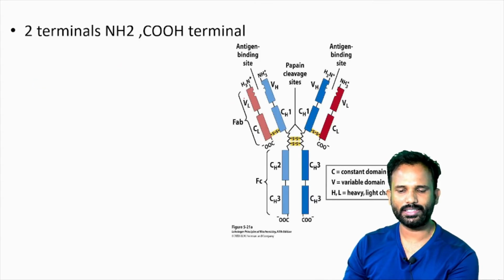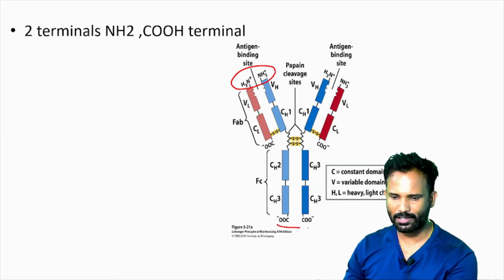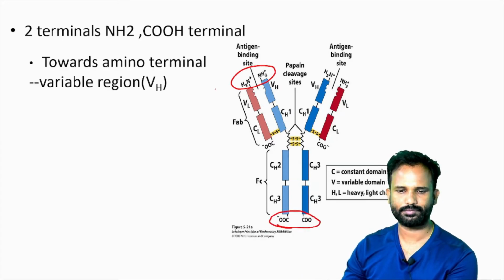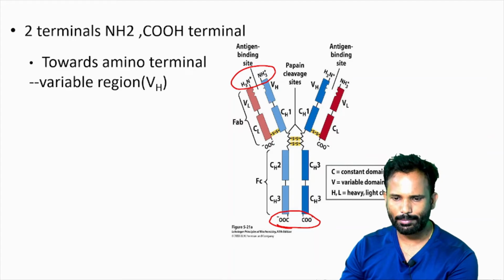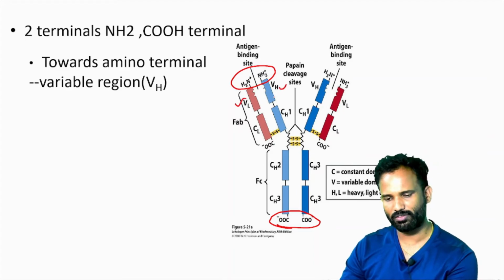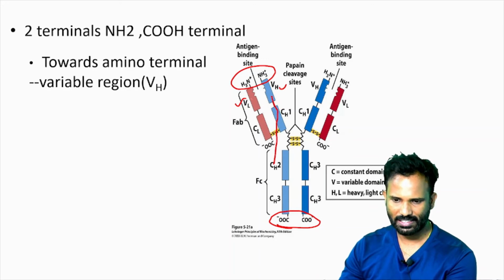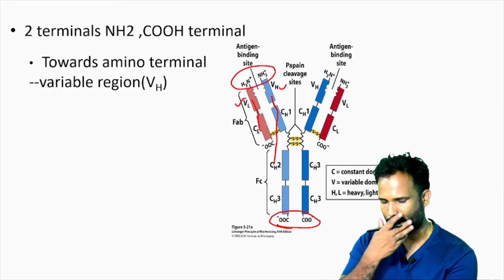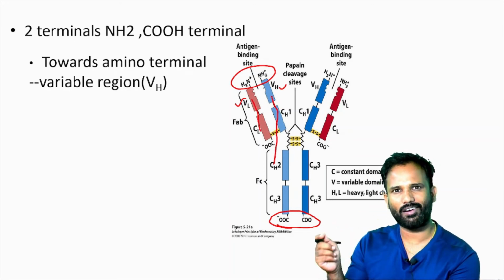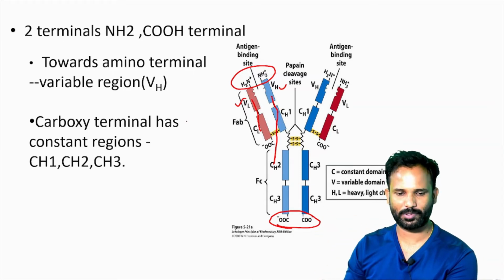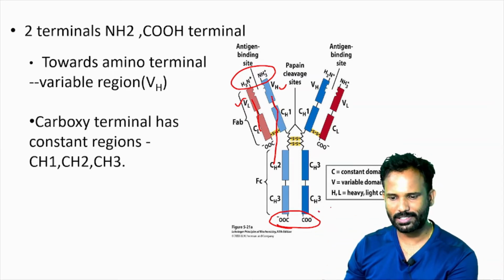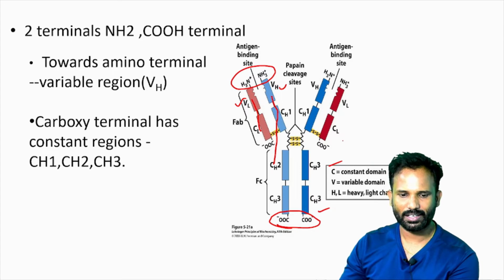And each immunoglobulin will be having an amino terminal and a carboxy terminal. And towards the amino terminal, we have the variable regions for both heavy chains as well as for the light chains. And these variable regions are specific for that antibody. And the carboxy terminal will be having the constant regions.